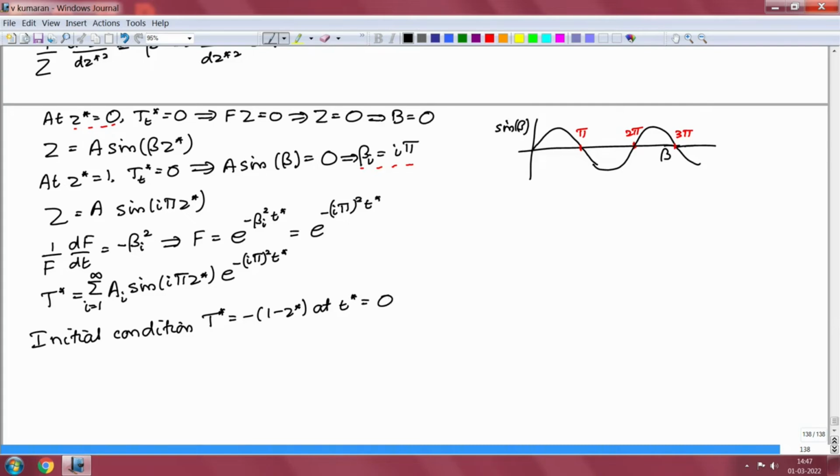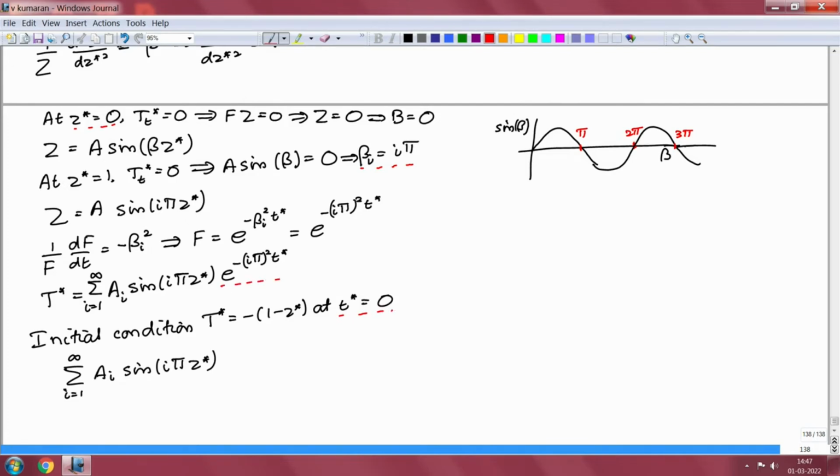So, at t equal to 0, this is equivalent to the summation from I equal to 1 to infinity. At t equal to 0, you can easily see that this exponential is just equal to 1.